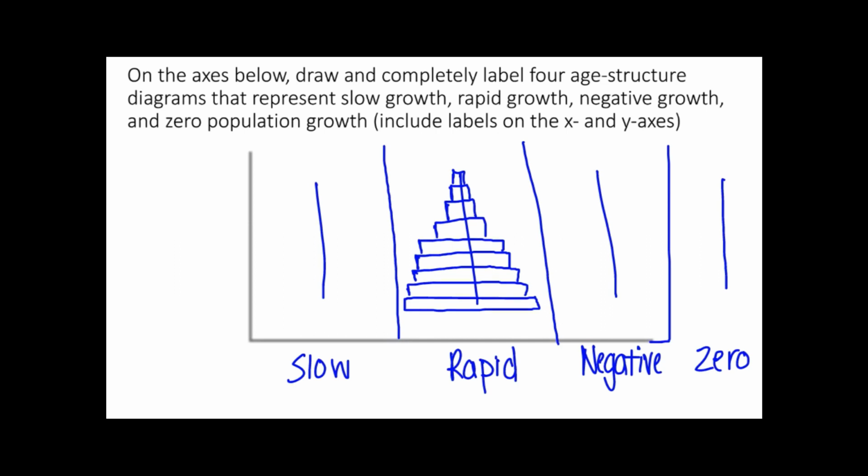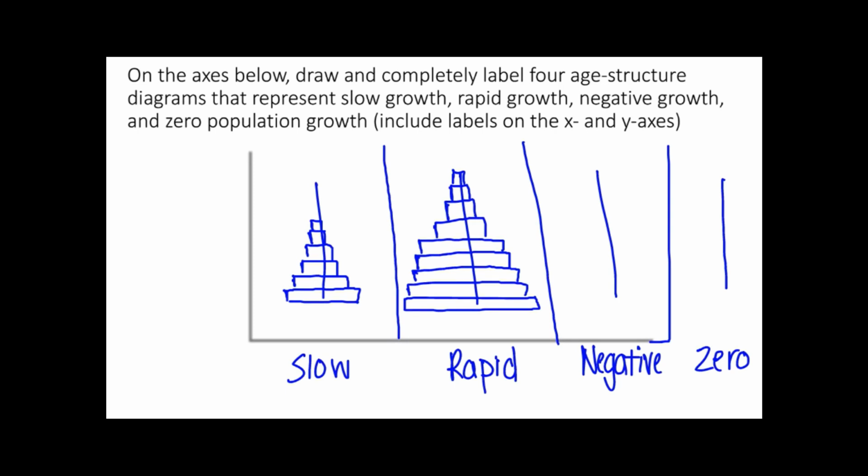Okay. So slow growth is going to be similar. It's just not going to be as wide, and I'm not doing a very good scale here, but kind of like this.